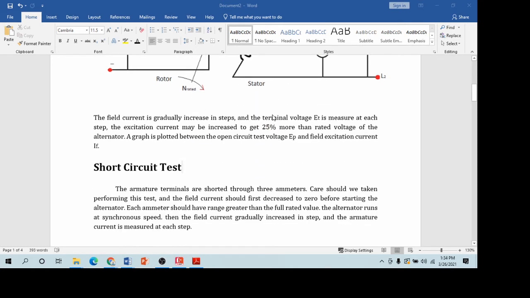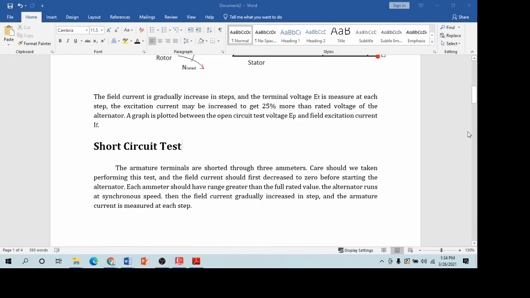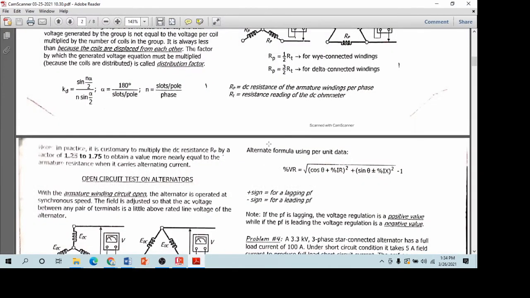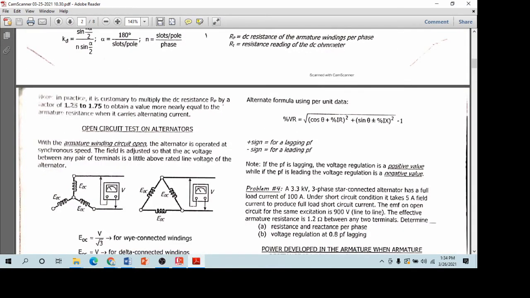Okay, next is this one. As I've said, we have two differences here. With the armature winding circuit open, this is the continuation. The alternator is operated at synchronous speed.